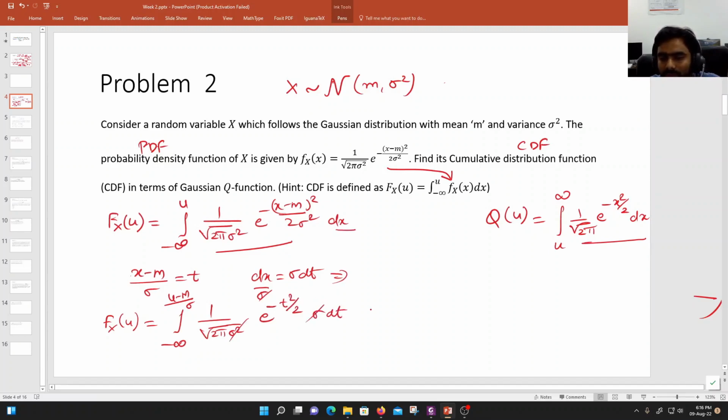Sigma cancels out and it will look similar to the Q function, that is 1 by root 2 pi e raised to power minus t square by 2 dt.